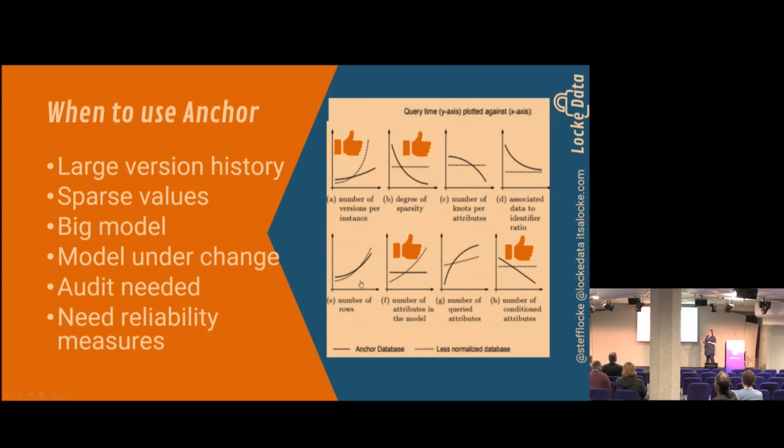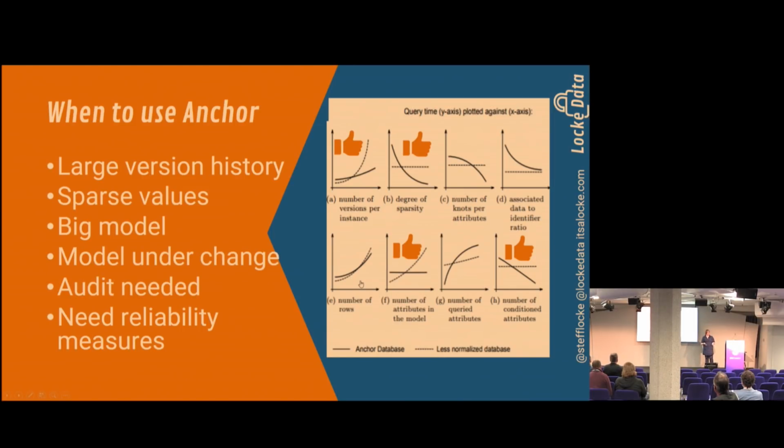If you have a big model, so this maybe doesn't apply when you're building a relatively simple mobile app, but if you're taking a big legacy app that covers a whole mortgage loan process, then you might have a lot of entities and interactions, and this can be really useful.